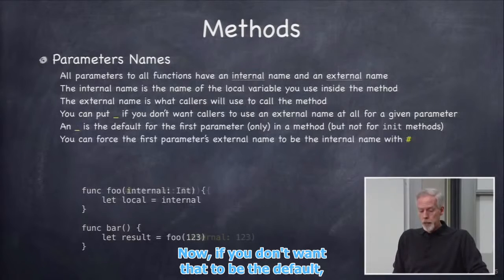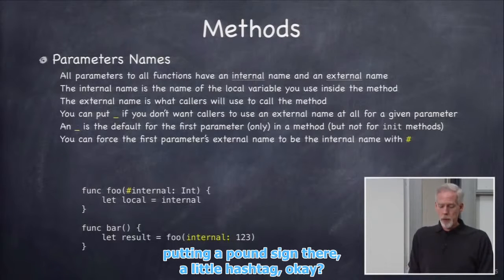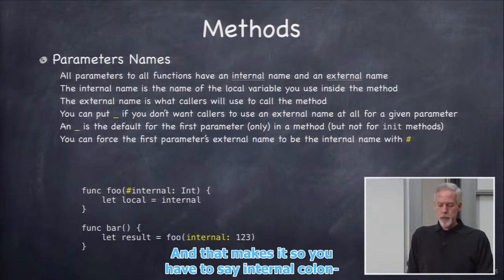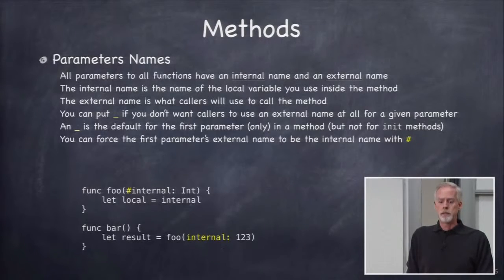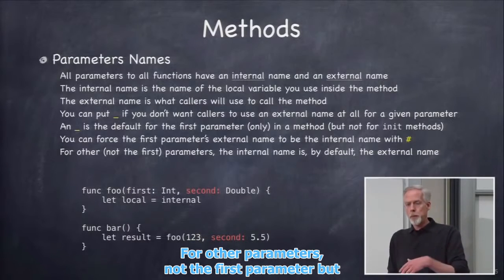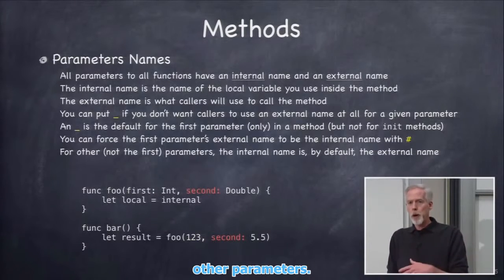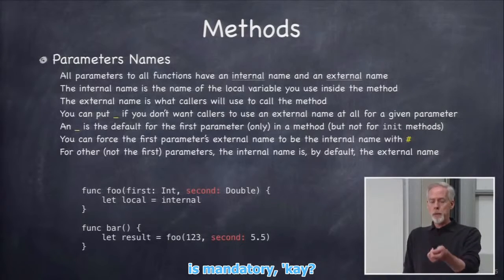Now, if you don't want that to be the default, you can force the first one to be required by putting a pound sign there, a little hashtag, okay? And that makes it so you have to say internal colon, okay? For other parameters, not the first parameter, but other parameters, the internal or an external name is mandatory, okay?